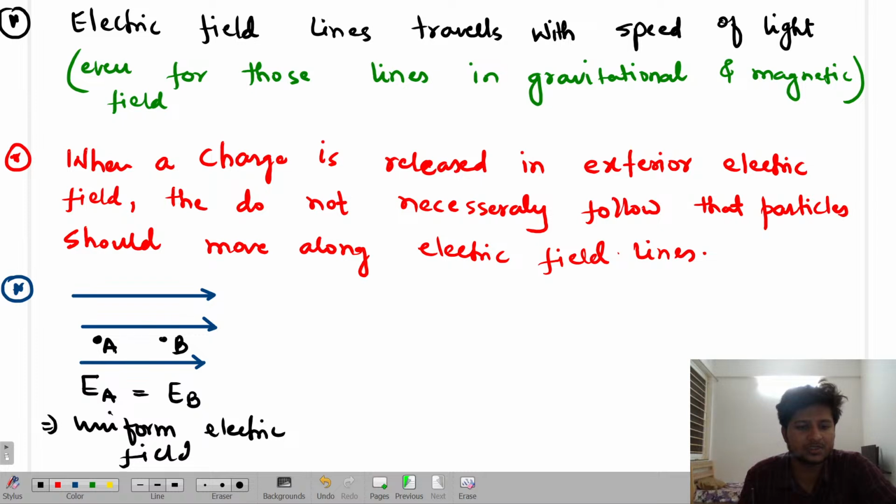Are you able to get me or not? Next point, let's suppose I have the electric field lines in this fashion.